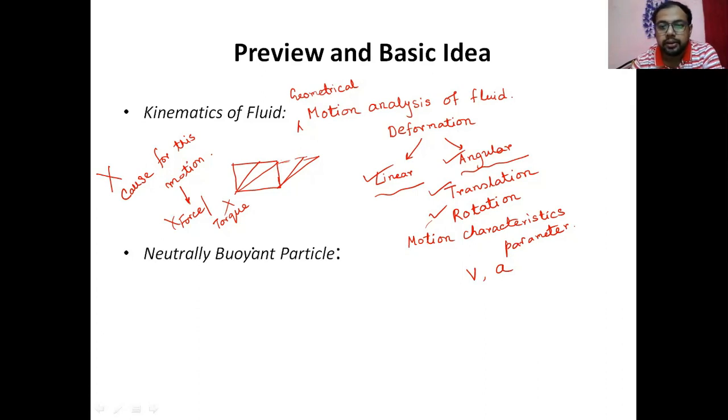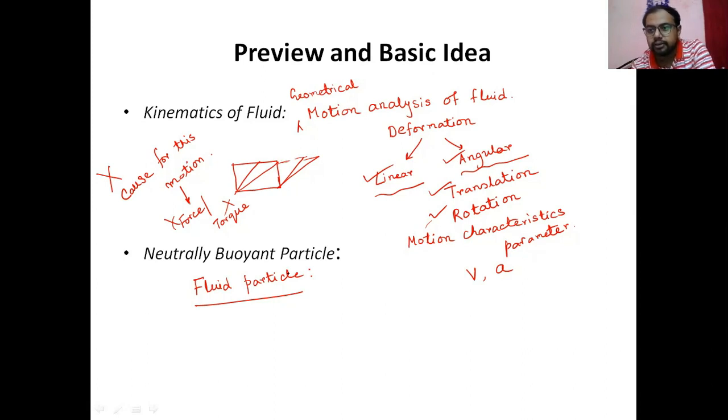Now, the fluid particle concept is coming. What does it mean by the fluid particle? Why is the particle concept coming? Because to know about the velocity, we have to track some particle. This description is under the Lagrangian description.